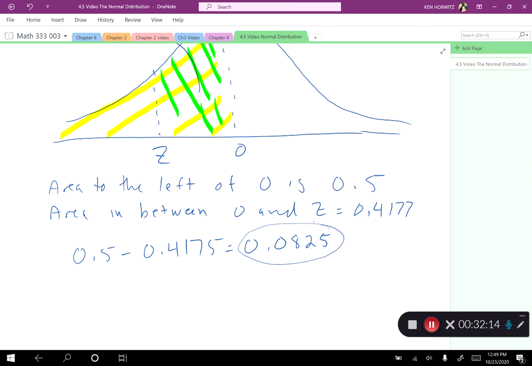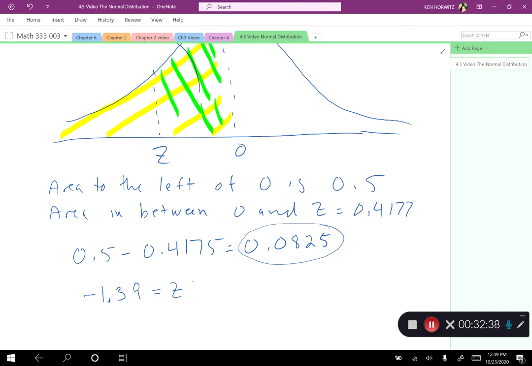Once I find it, I want to go out to the left to the z column, and I get negative 1.3, and then I want to go straight up for my hundredths place. I see that that's a 9, so this is my z that I'm looking for, and there is my answer.